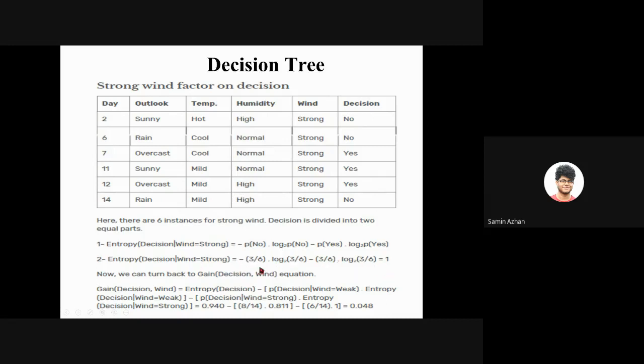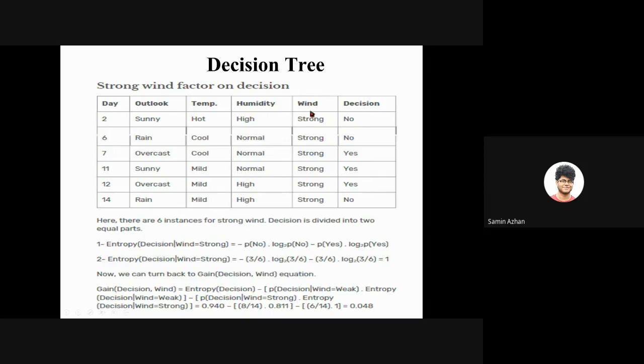Now, does this look familiar to you? Is this an impure set or a pure set? This is an impure set, right? If there were all yeses or all nos, that would have been a pure set. This is a completely impure set. This is so impure that it's very hard for us to differentiate between anything because there are three yeses and three nos.